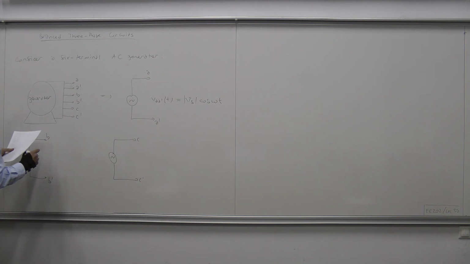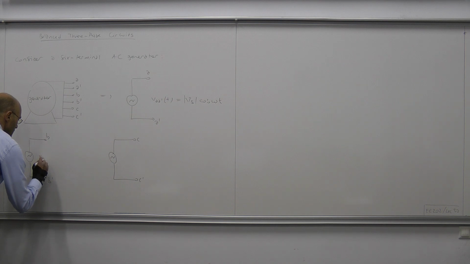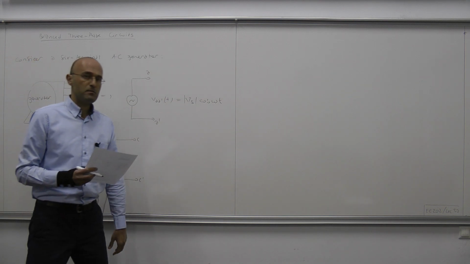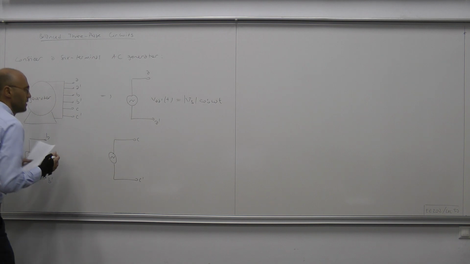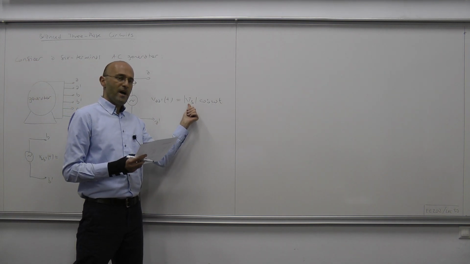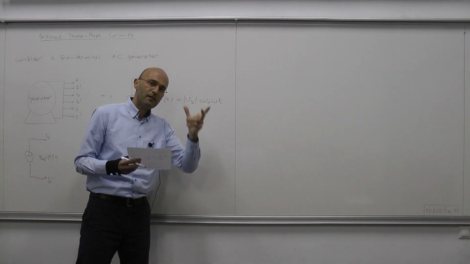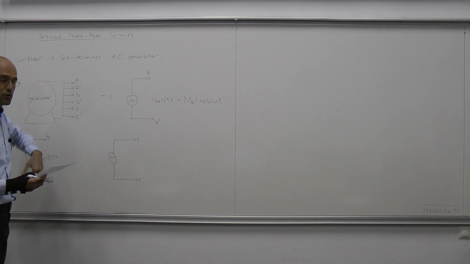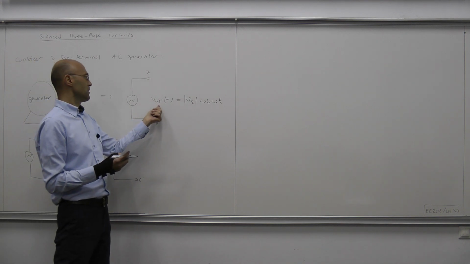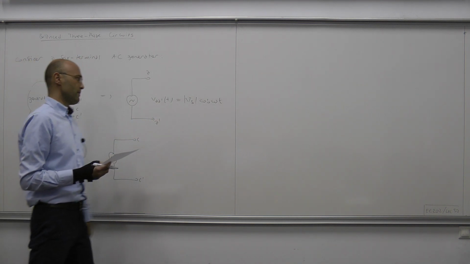Okay, now the voltage between the terminals B and B prime is such that it has the same magnitude, it has the same frequency, but a phase difference of 120 degrees, counterclockwise with respect to the terminals AA prime.